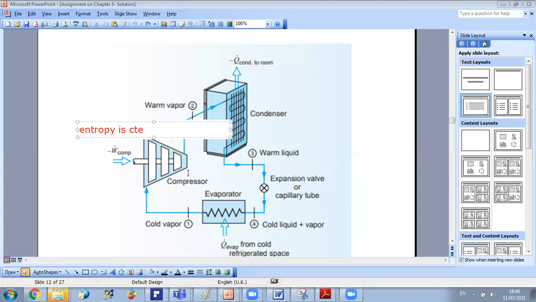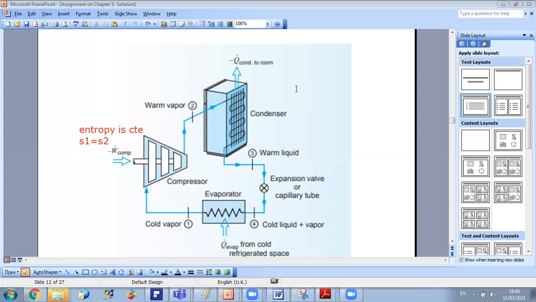We call it an isentropic adiabatic process. So in an isentropic process, S is not varying. This is the ideal case. Of course, in any real case we have losses, but with the ideal cycle we consider constant entropy. So in the compressor we will use that S1 is equal to S2 to perform our calculations.